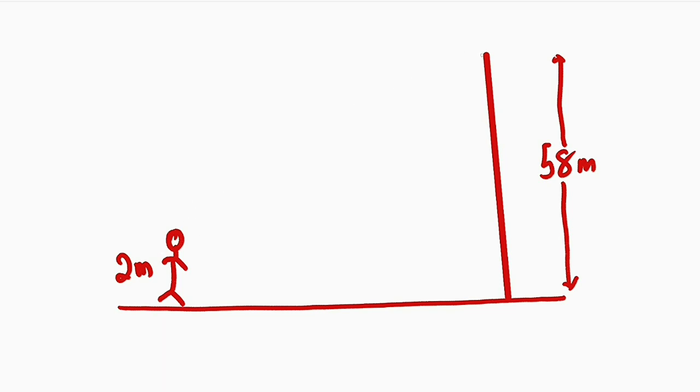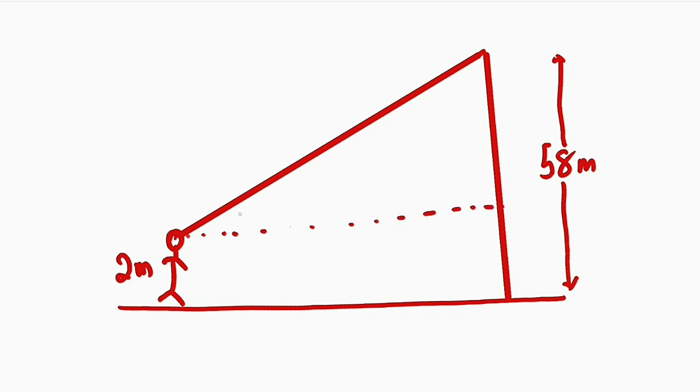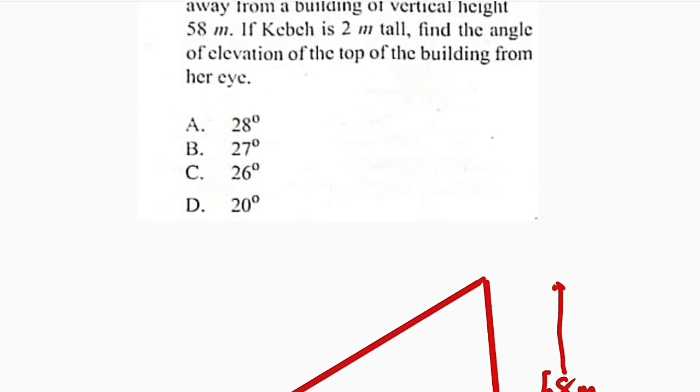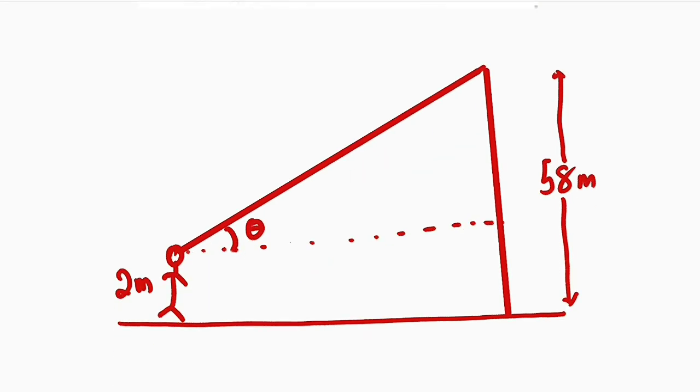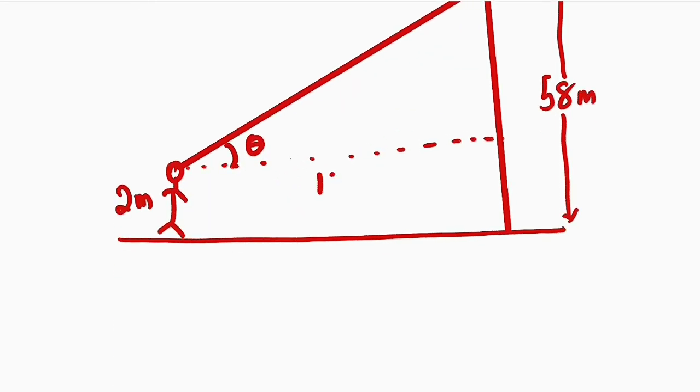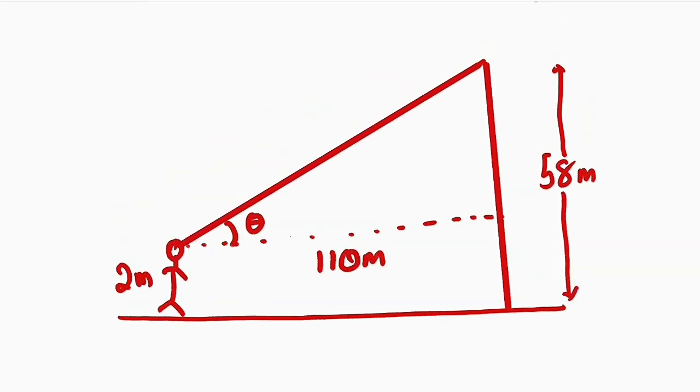So she sighted the top of this building from her eye. Remember, we're going to have a horizontal line. So this is the angle we're looking for. Remember the distance from where she's standing to the vertical wall is 110 meters. So this is 110 meters.